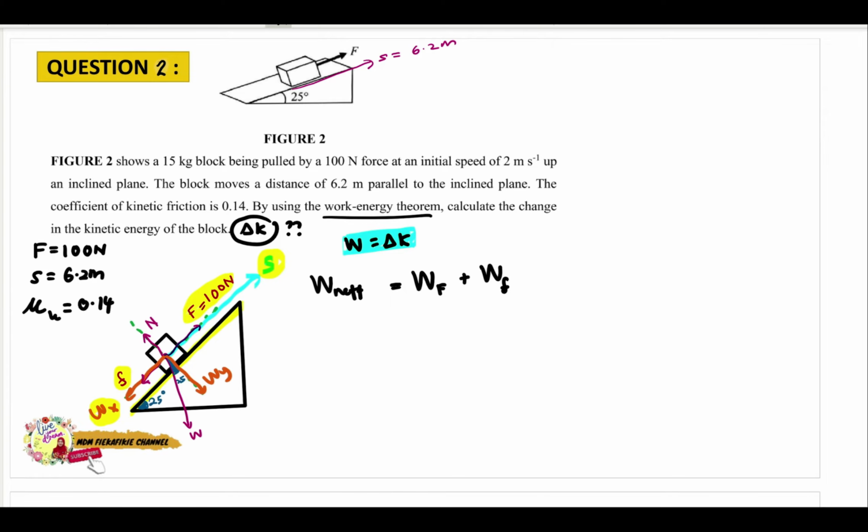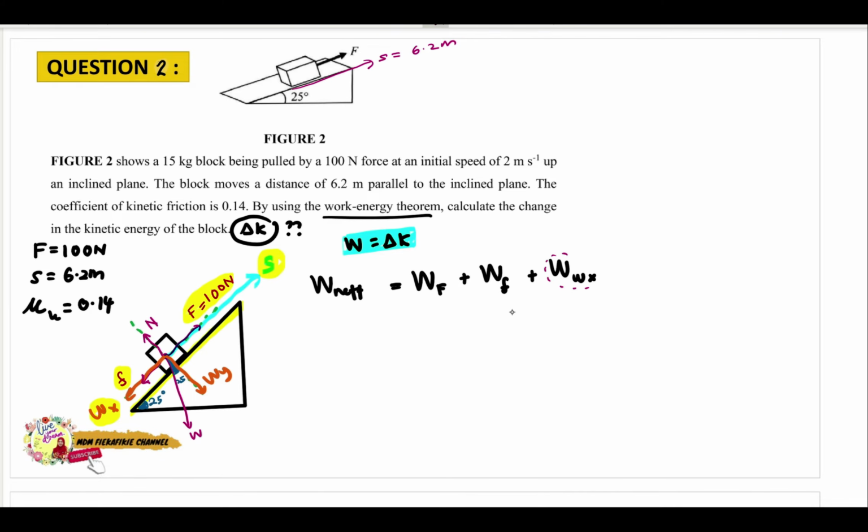Kenapa work done to go against the frictional force? Because the direction of the frictional force is opposite to the motion. Motion dia nak naik ke atas, but the direction of the frictional force is opposite. That means this is the amount of work done to go against the frictional force. Okay, and plus W. Ini apa pula?